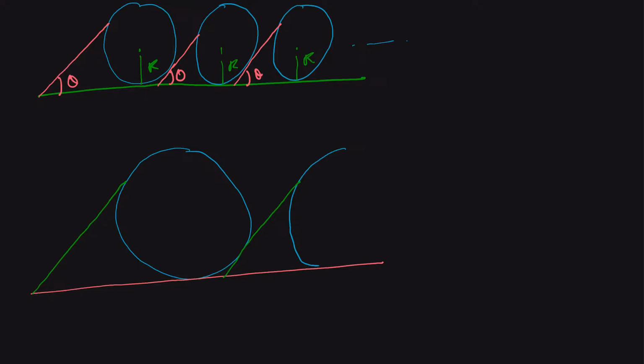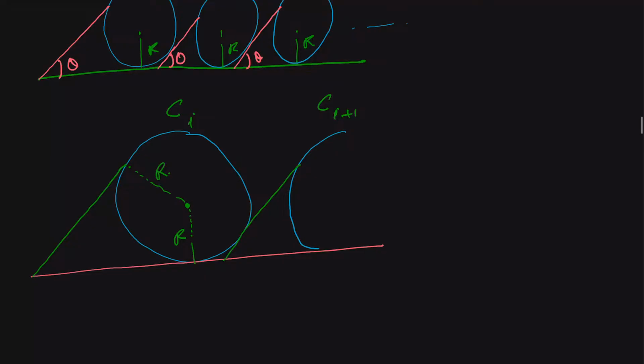And let us suppose this is the center. This will have a radius r, and to this end also we have a radius r. Let us consider this our circle C_i. So the next circle will be C_i+1, next C_i+2, C_i+3, C_i+4 continuously.